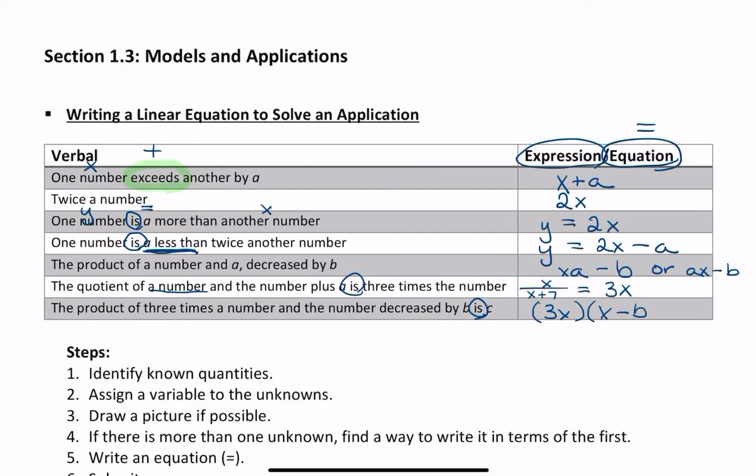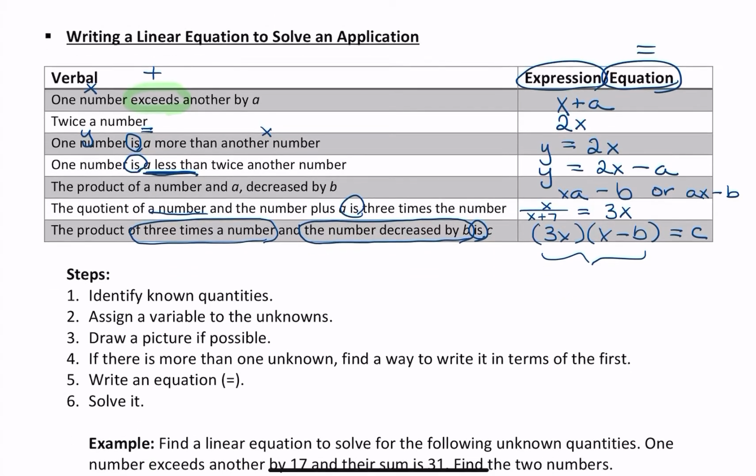Decreased by B is equal to C. So this is our product part. Our first number was 3 times a number. The second part is the number decreased by B, and then is equal to C. So that's just some practice writing things into a mathematical expression or equation.